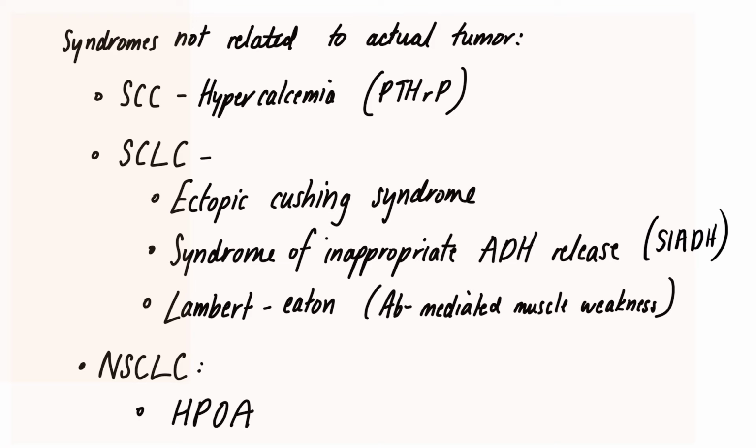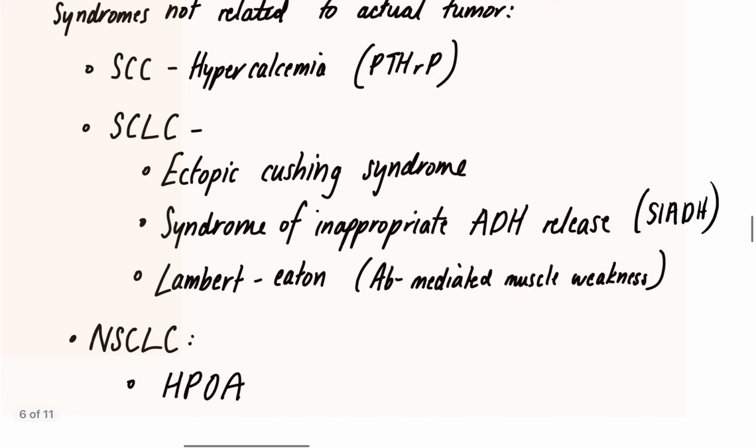In small cell lung cancer, you might get ectopic Cushing syndrome, so the excess production of cortisol. You might get the syndrome of inappropriate ADH release, or SIADH, which can lead to hyponatremia and electrolyte disturbances, which can cause a bunch of things, but can also change your cardiac function.